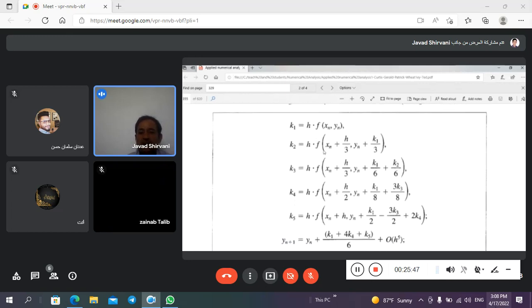Here k2, k3, k4, and we can see in general there is a similarity and difference between that and these Runge-Kutta formulations for the fourth order and the fifth order.